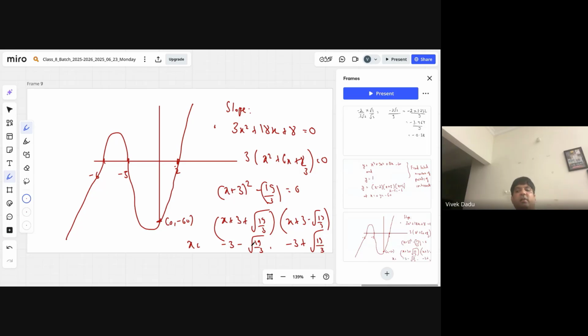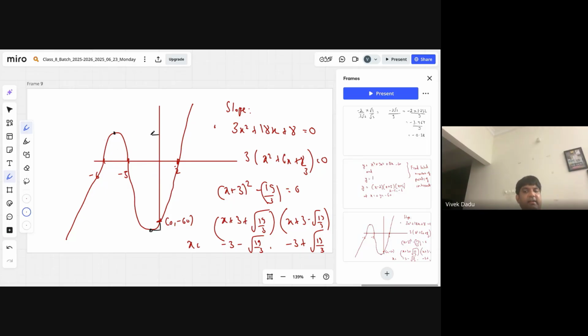Which turning point will you take? This one or this one? First one or second one? Why second one? See, Rudransh, no. You are looking at this turning point and this. In both cases, the value of x is negative. Yes or no?